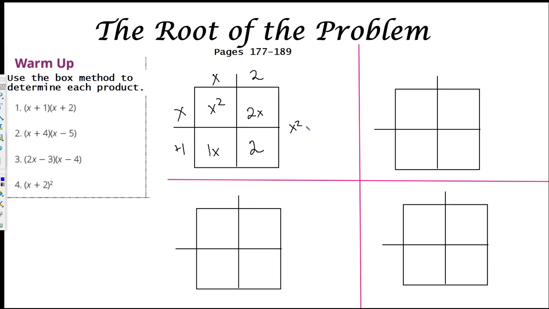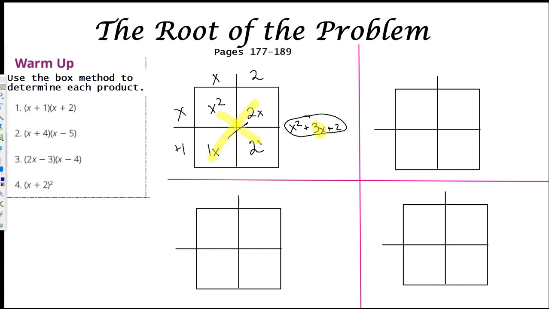So our answer was x squared plus 3x plus 2. And the sum of those was the center number.